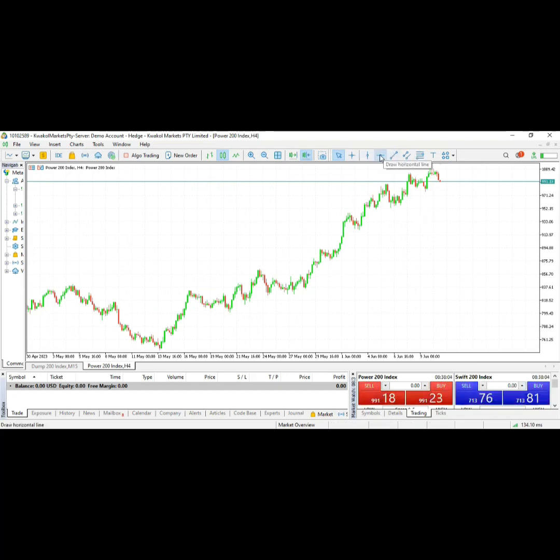So let's mark this zone. Like my previous trade, I marked this zone. I marked this area and this area. Those are some of the trades I took this week. Then I came back here and then I came back. Yeah, I marked this place.